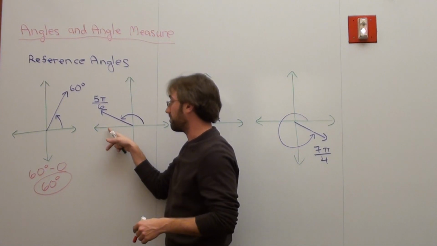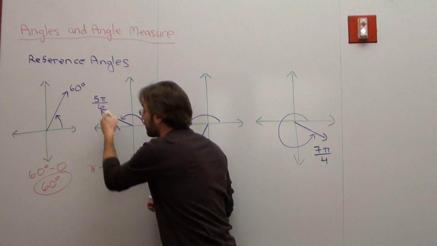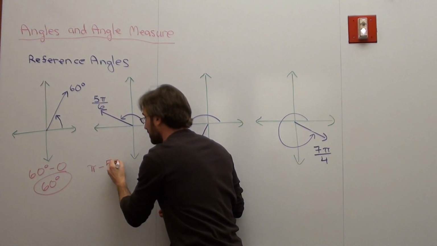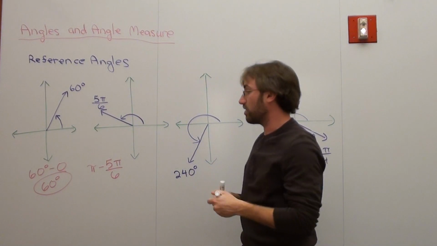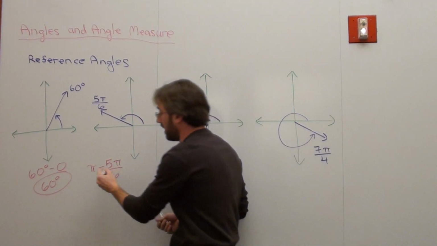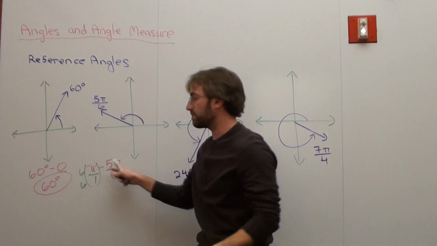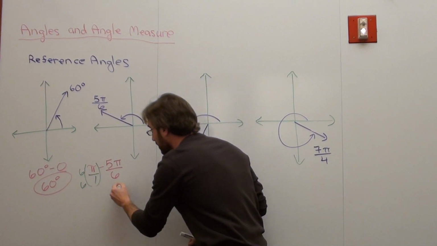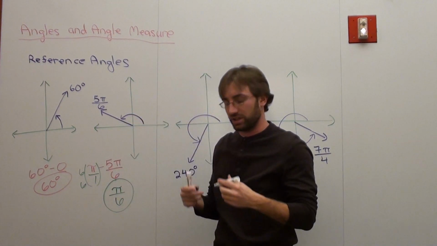So what we do is we take pi and we subtract 5 pi over 6. You can't subtract these though because they don't have the same denominator. This is pi over 1. So make sure it has the same denominator. That's 6 pi. 6 pi minus 5 pi is pi over 6. So this is pi over 6 away, or basically 30 degrees away.